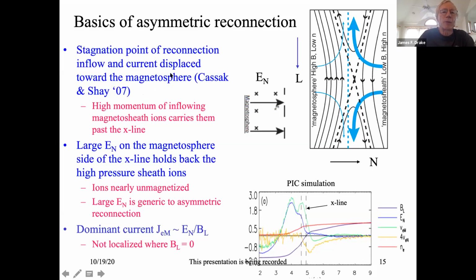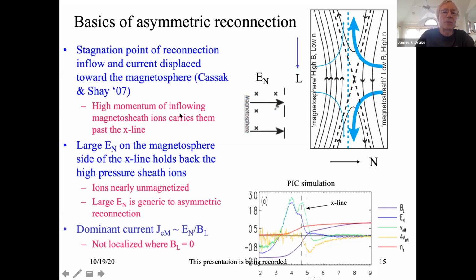But I want to bring up something which I think is more important, and that is that the stagnation point of reconnection, which for a symmetric case was centered around the X line, is now shifted. In particular, the stagnation point of the flow is now on the magnetosphere side, and the current is peaked on the magnetosphere side rather than at the X line.